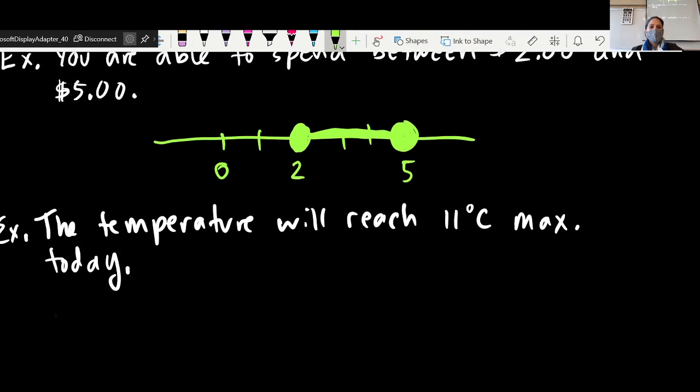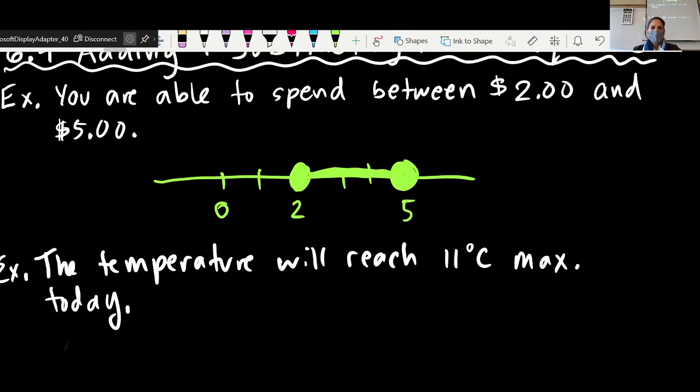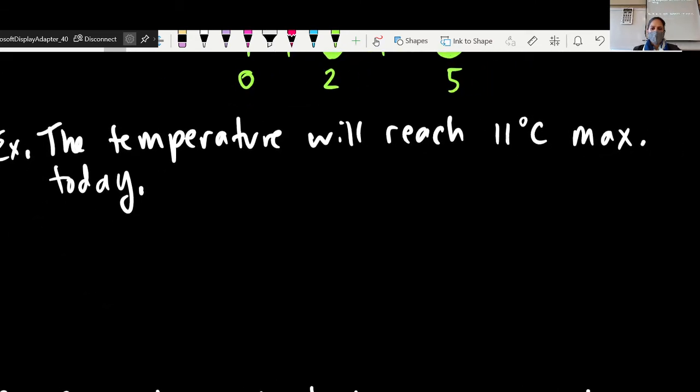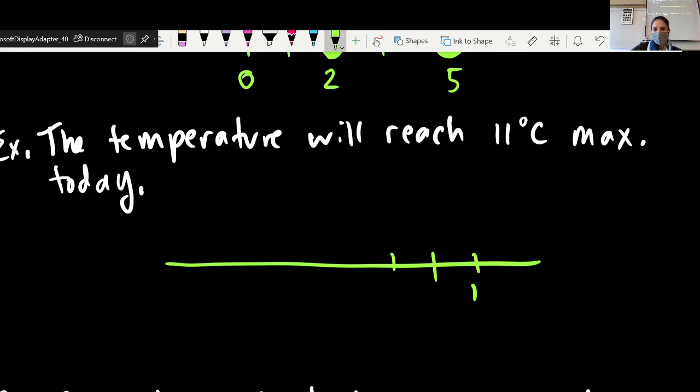The next one is the temperature will reach 11 degrees maximum today. How do we show that using an inequality? Well, I feel like you guys have got this. On a number line, we know that we need to go up to, let's say I'm going to make that my 11. So 10, 9, that would be 12. I usually like to show some numbers on either side. But if it reaches a maximum of 11 degrees, do we color in the 11 degrees?